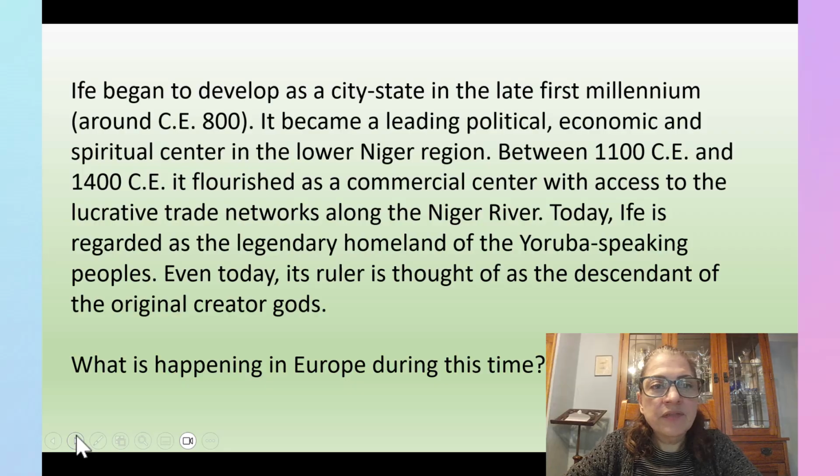Ife began to develop as a city-state in the late first millennium, around 800. It became a leading political, economic, and spiritual center in the lower Niger region. Between 1100 and 1400, it flourished as a commercial center with access to the lucrative trade networks along the Niger River.